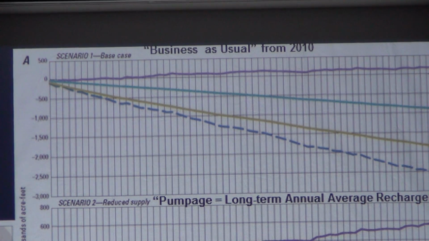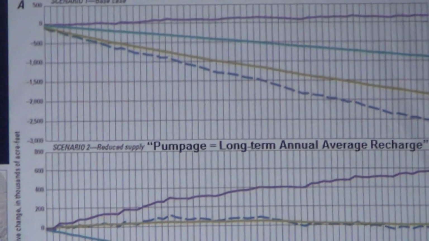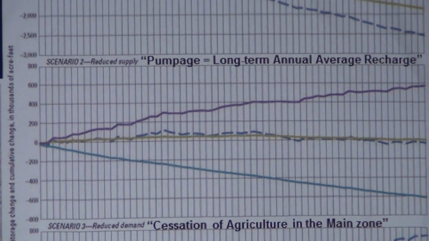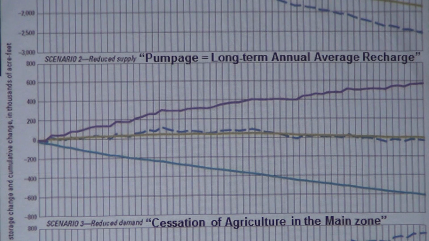There's just a little bit more of the storage accretion going on in Bench Cote overall. The second scenario that we looked at is reduced supply. That's where we would set pumpage, and this is a simplification, equal to long-term annual average recharge. There's a bit of a myth about water balance.